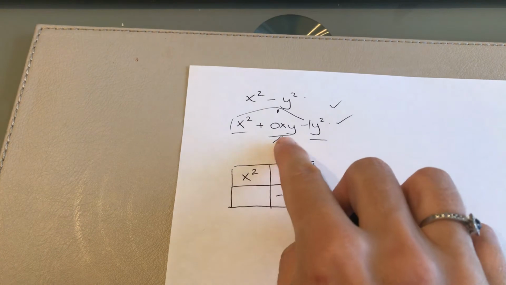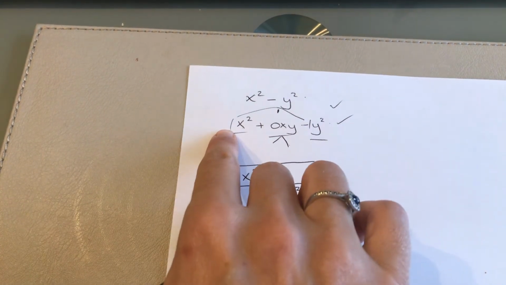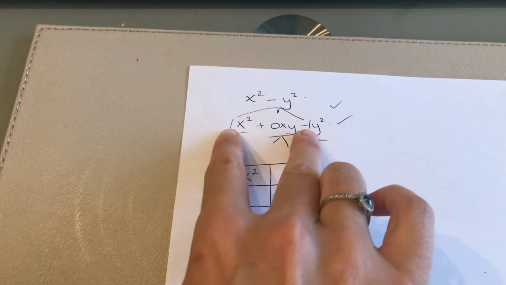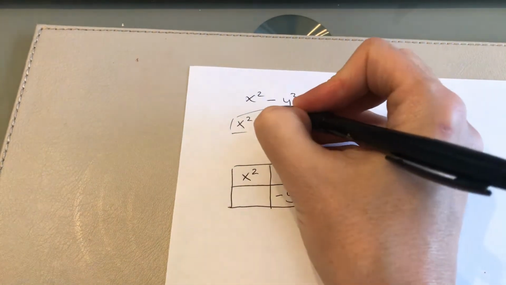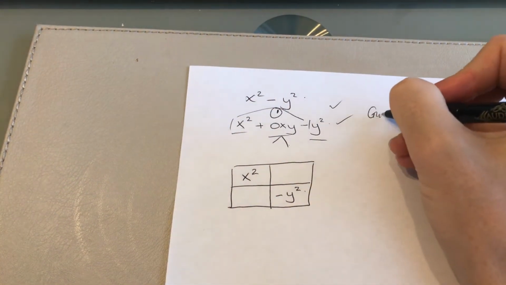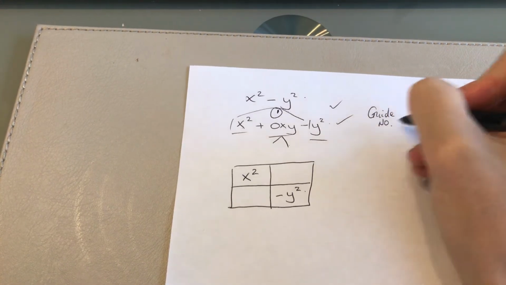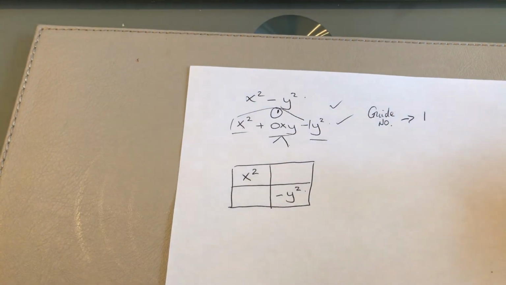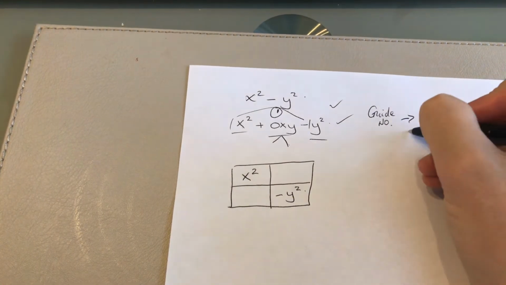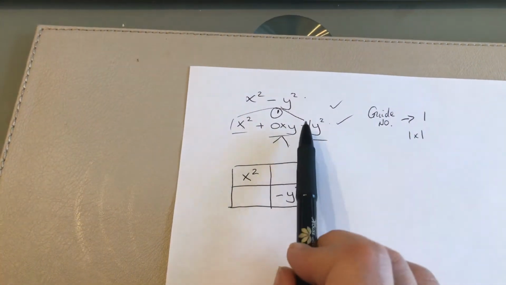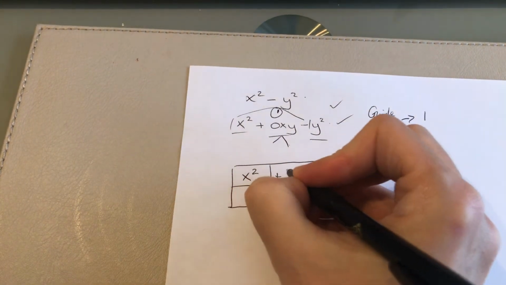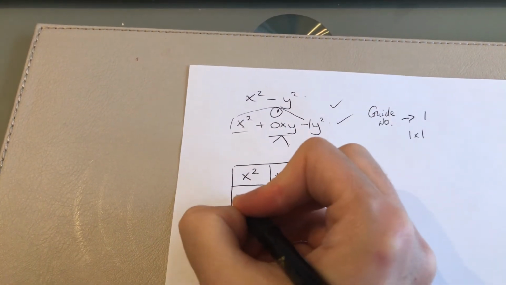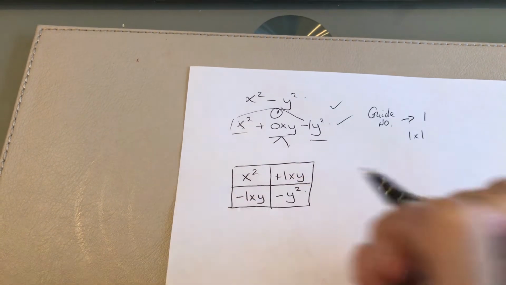And I'm splitting up the middle by looking at the coefficient of the first and the last. I multiply 1 by 1 and I get the guide number, which is 1. What are the factors of 1? Well, 1 by 1. Do those factors subtract to give me 0? Yes, they do. So I have a plus 1xy here and a minus 1xy here.